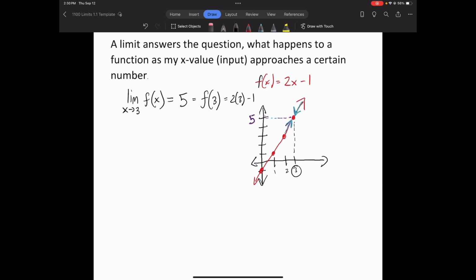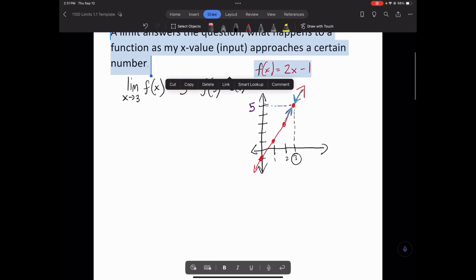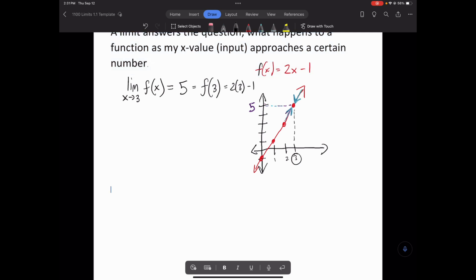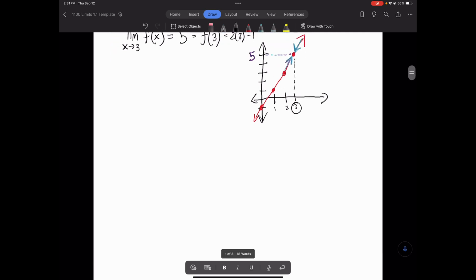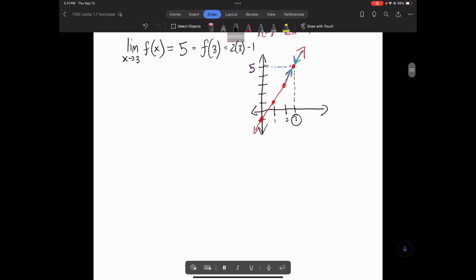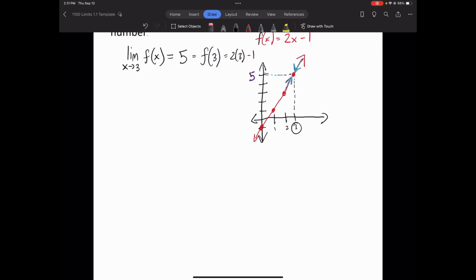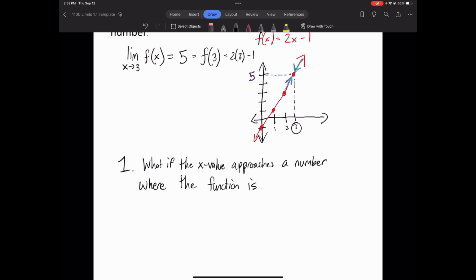So what's the point? Why do I actually need limits when I can find that by just plugging it into the function? Well, there's actually two big areas where we like to use limits, where they become very helpful. These two circumstances are, well, what if the x value approaches a number where the function is not continuous?